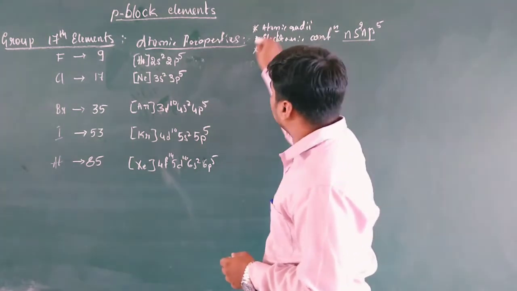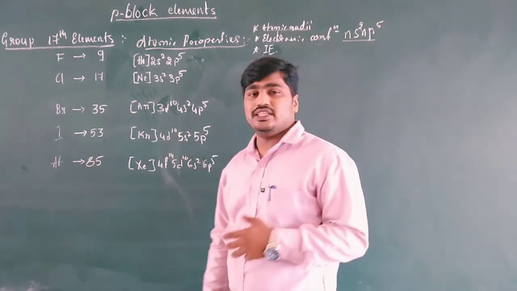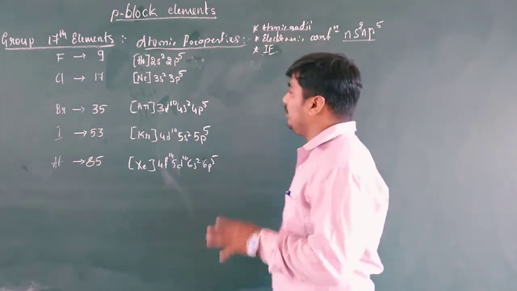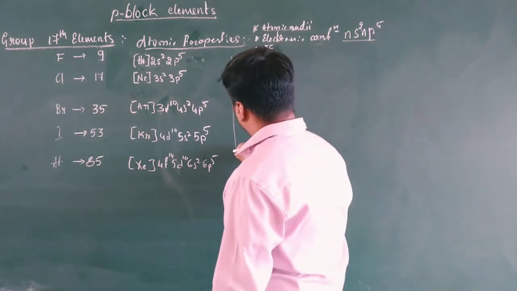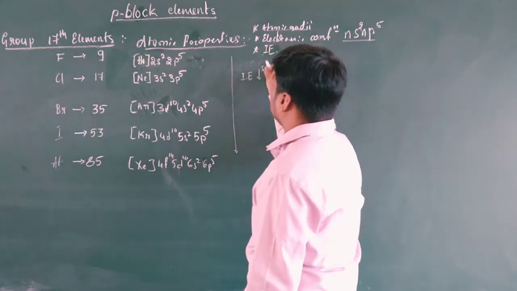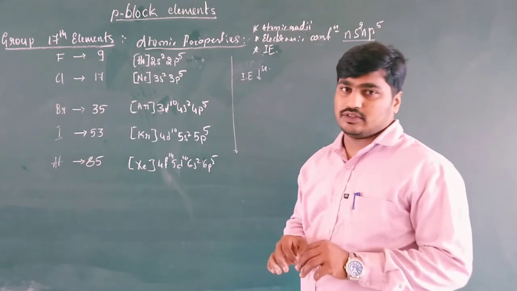When we move down the group, it depends completely on the size. When we move down the group, size increases. Because of that, ionization enthalpy decreases.